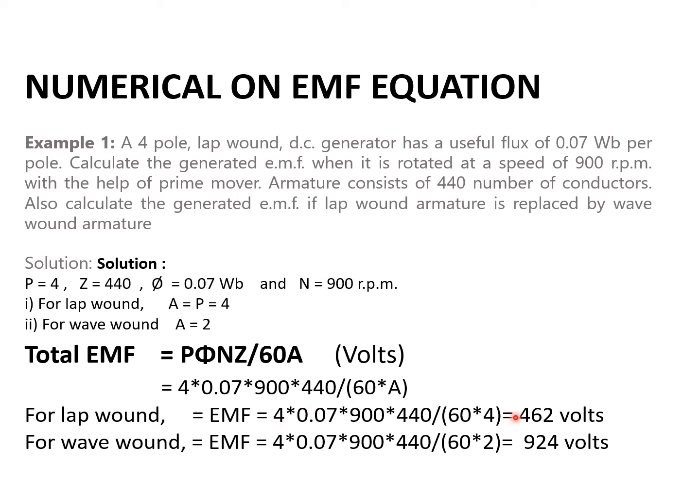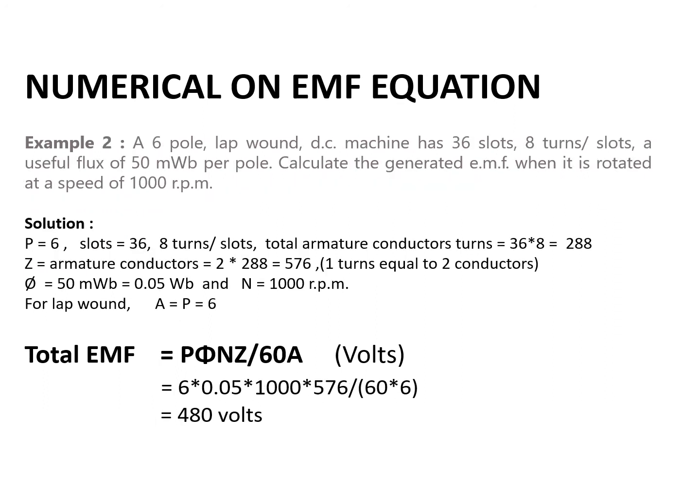You calculate it, and its value is 462 volts. Second case, if the lap wound is replaced by the wave wound, for wave wound you put A equals 2. Again you calculate this and you find the value of 924 volts.